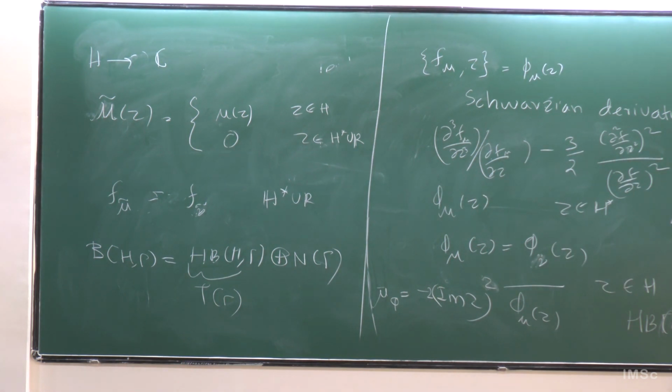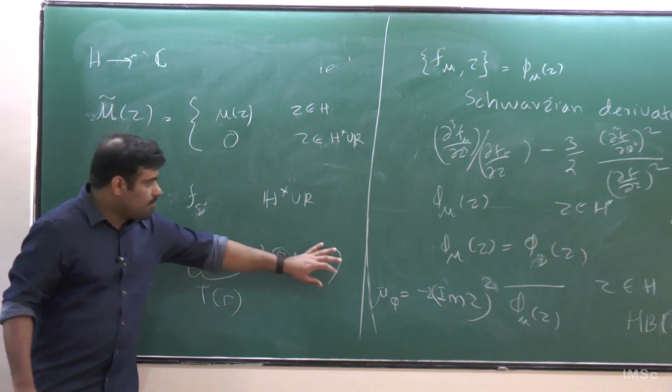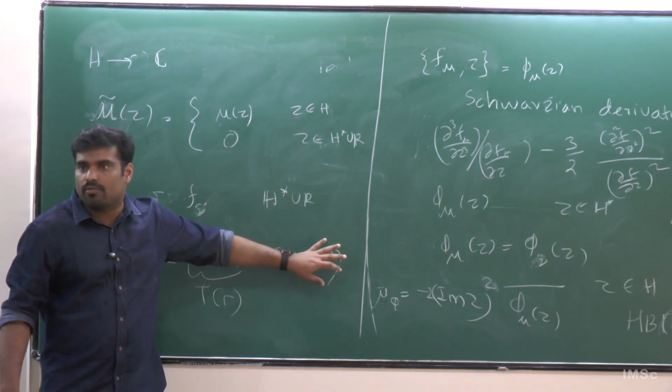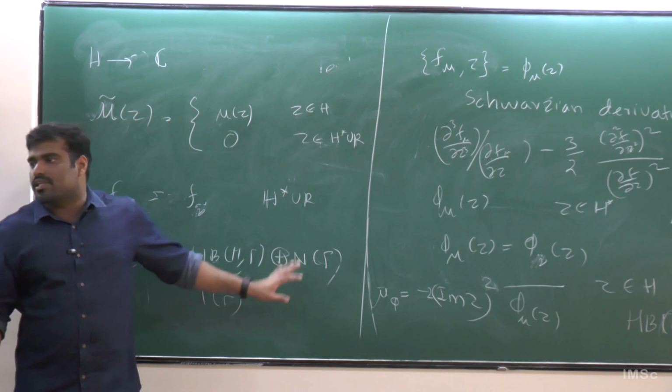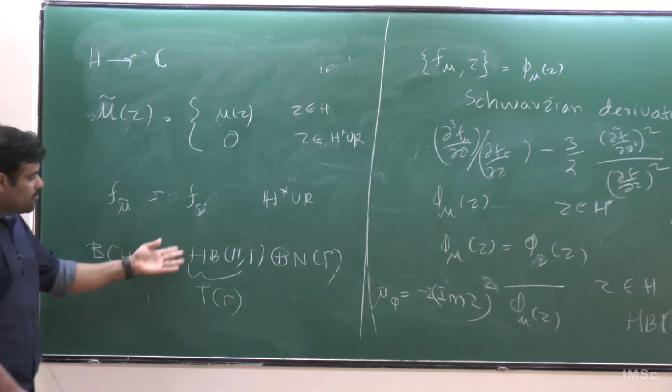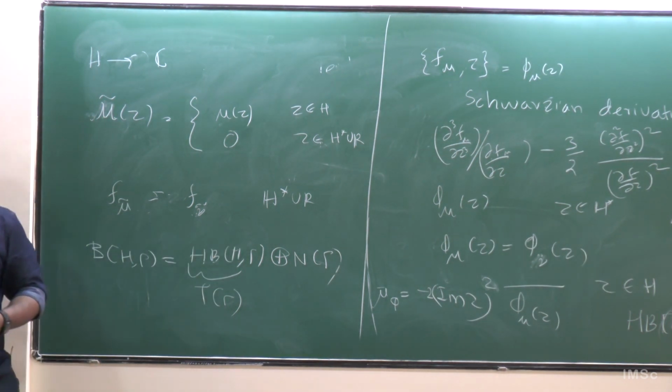The space of Beltrami differentials is equal to the harmonic Beltrami differentials plus some null vectors from the point of view of Teichmuller space. Whenever I take a Beltrami differential that belongs to N gamma, it won't be able to change the complex structure. So this is my final statement: I identify a part of the space of Beltrami differentials with the Teichmuller space.